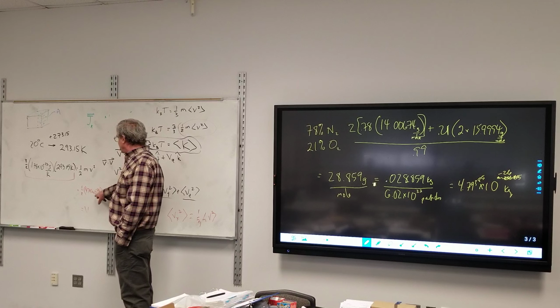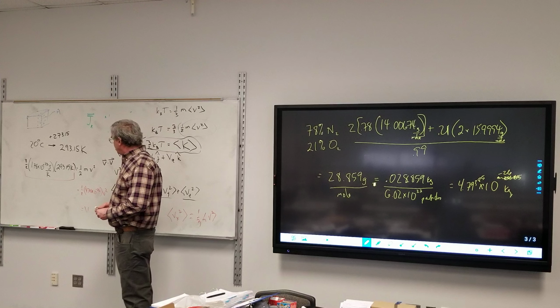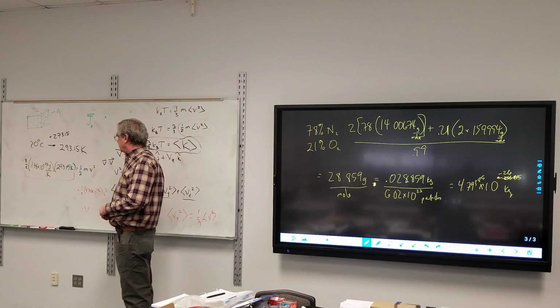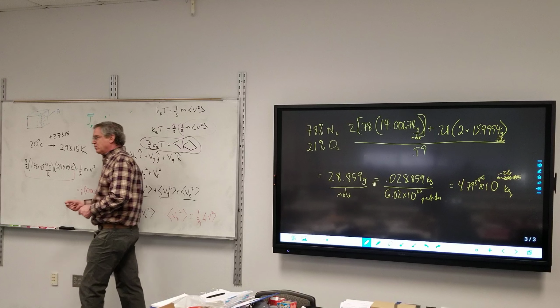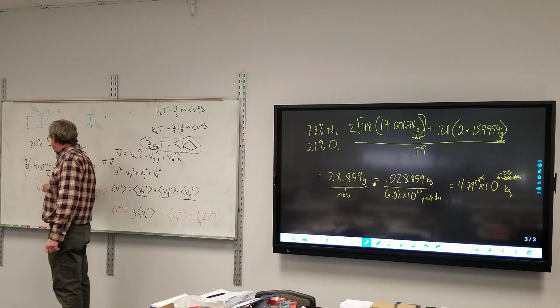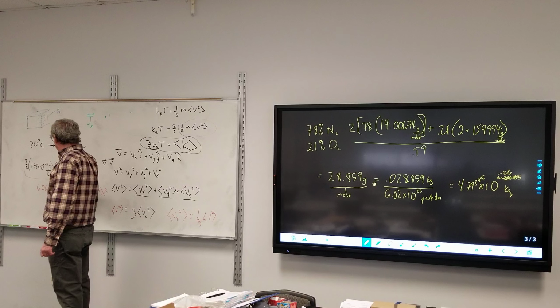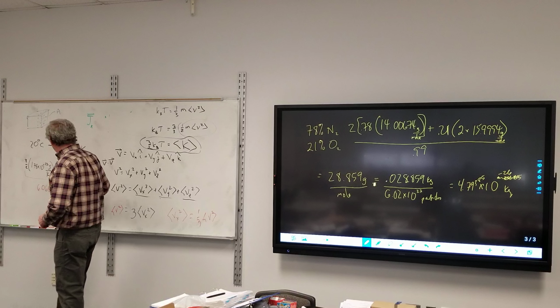Times 10 to the negative 26th. And then we take that sign and divide by that sign. Yeah. What'd you get for this side before? I got 6.06205 e to the negative 21st.